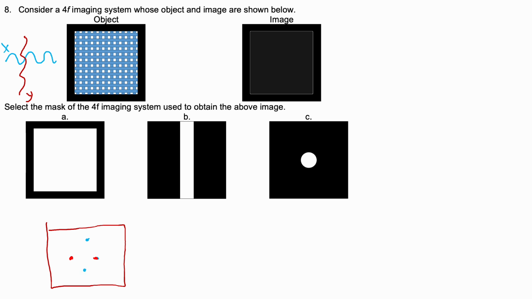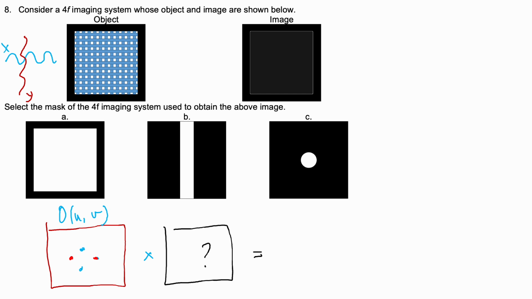Theoretically they need to be at the same distance, because the periods are the same. So this is our object transform, and that gets multiplied with our filter, which is what we need to figure out.